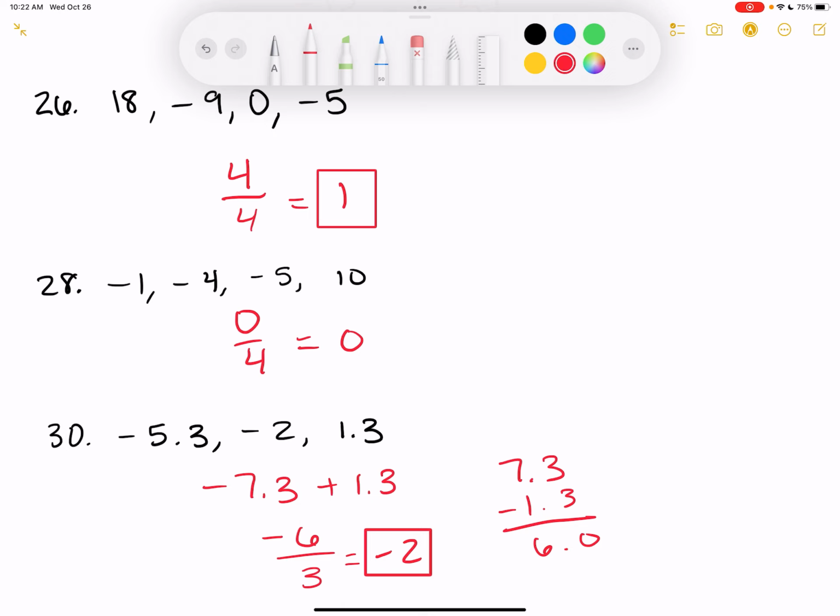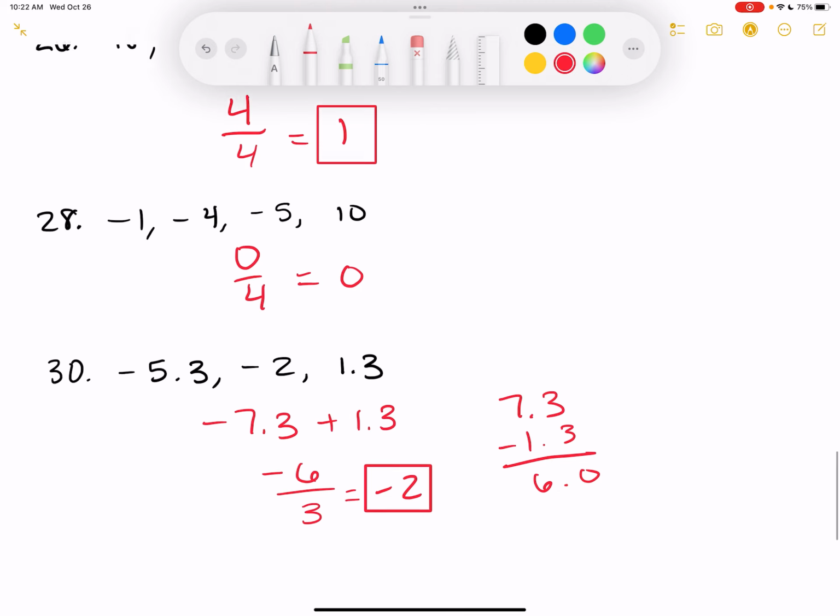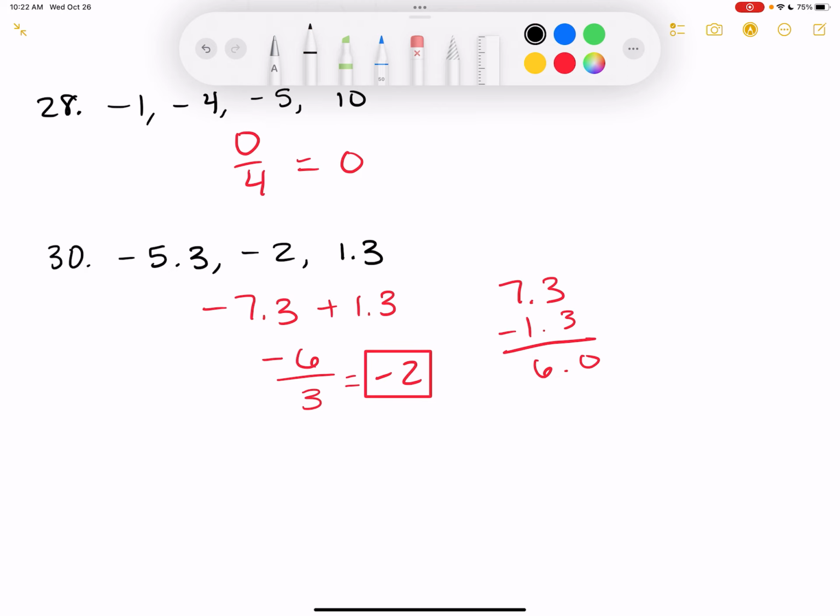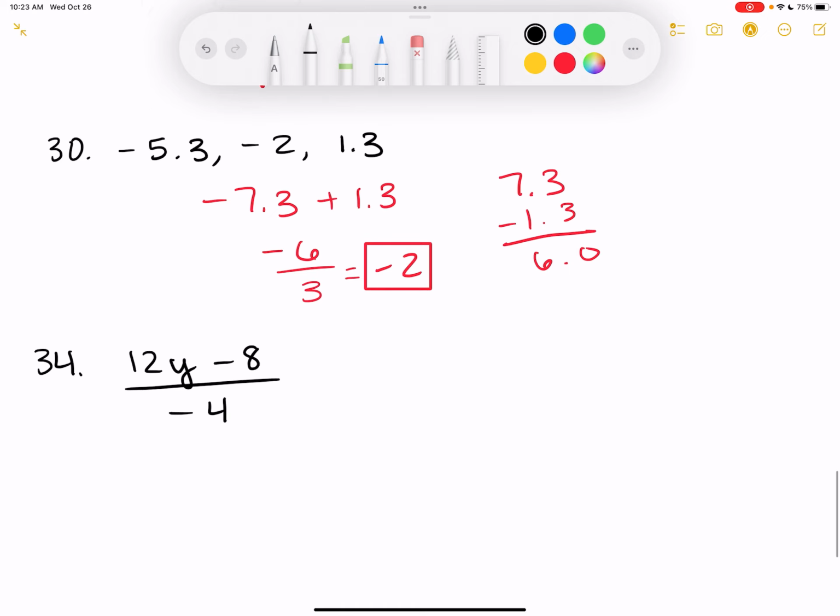All right, the next one says to simplify the expression. So 34, 12y minus 8 over negative 4. When we have two numbers on the top and just one on the bottom, we can actually split it and write it as two separate fractions.